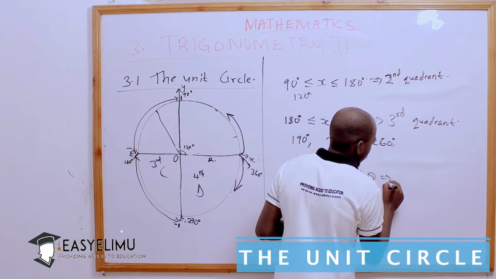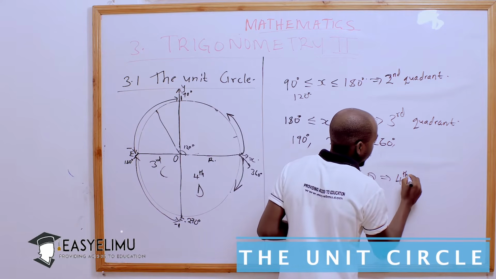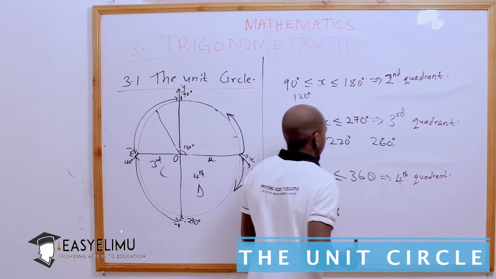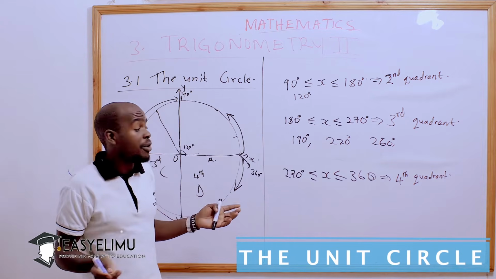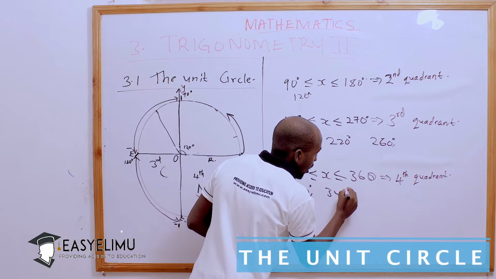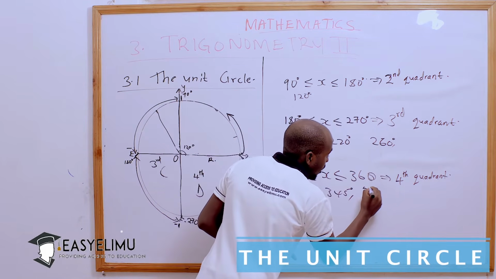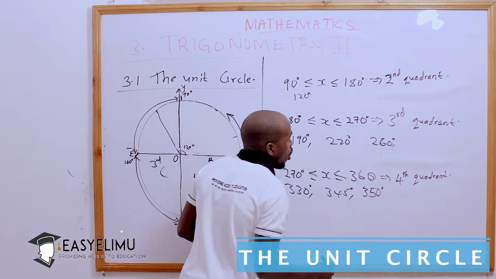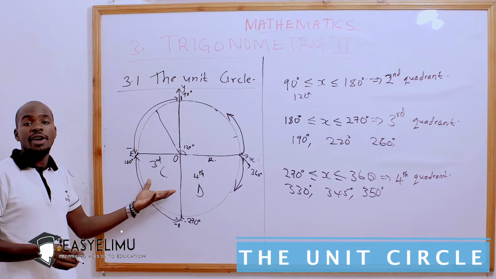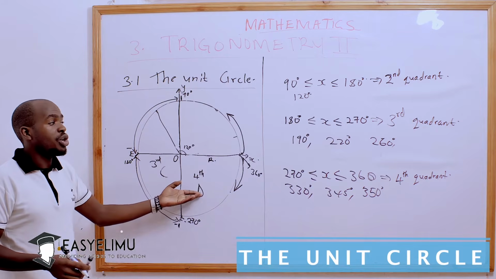So the angle will be within the fourth quadrant. Such angles may include several, like 330 degrees, 345, 350 degrees, and so on. You may have so many of them, and all of them will lie within the fourth quadrant.